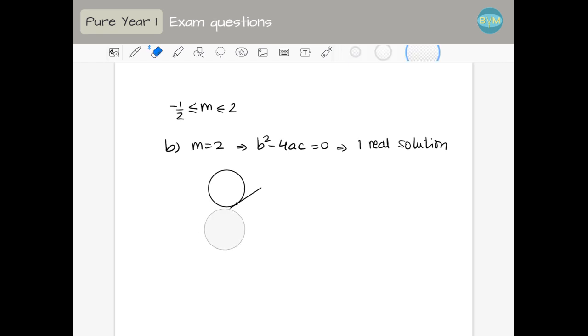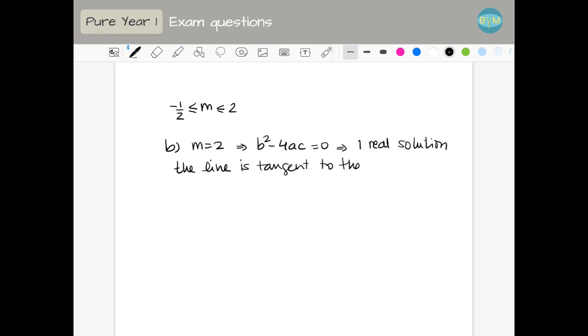Yeah, so you don't even need to identify what type of curve it is, but if there is one solution, that means that the line is tangent to the curve. Or you can just say the line is tangent. If you are not very sure if it's a quadratic or a circle or whatever it is, you can say that the line is tangent, or you have just one point of intersection. Yeah, and that's all with this question.